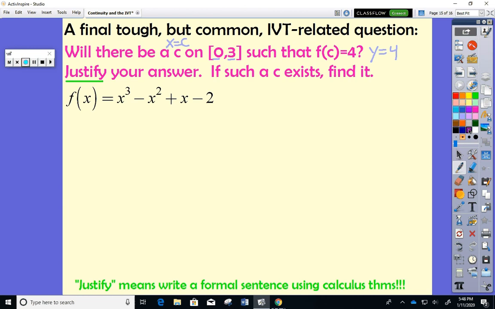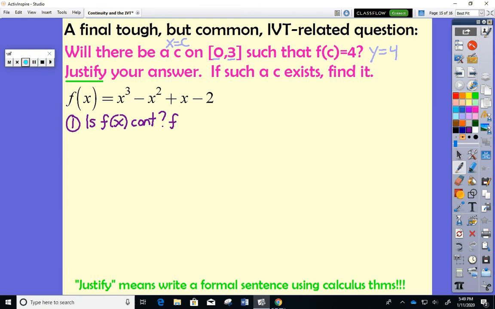So step 1, the first question is, is f of x continuous? Well, what kind of function is f of x? It's a cubic function. It's a polynomial function. Those are continuous for all real numbers.